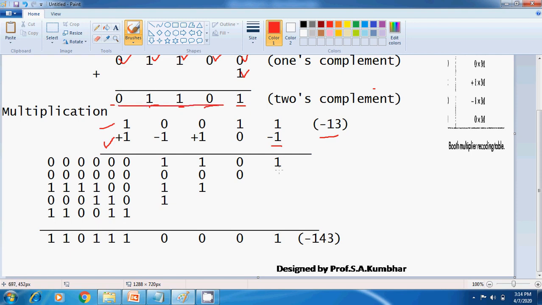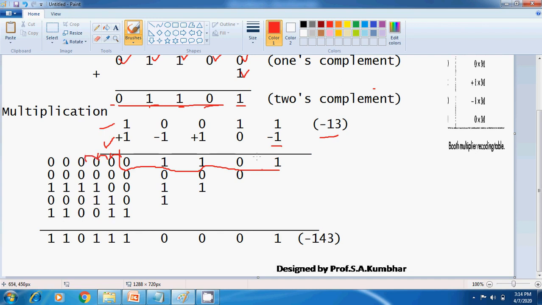So I have directly written this 2's complement, and now the remaining bits are to be taken as 0, because our product must include 10 bits, since the multiplier is of 5 bits. So I have to simply extend this most significant bit 5 times.